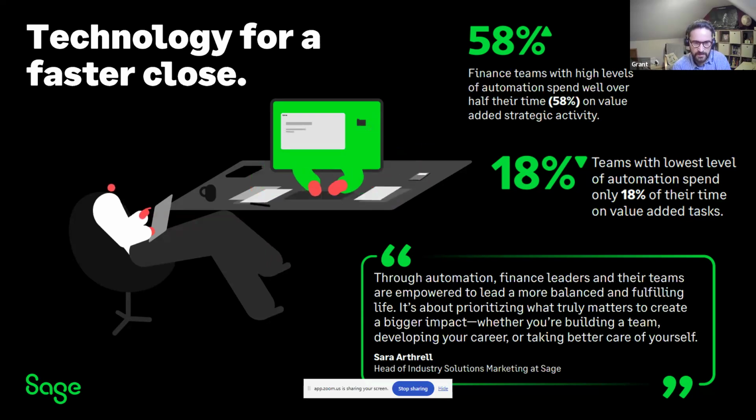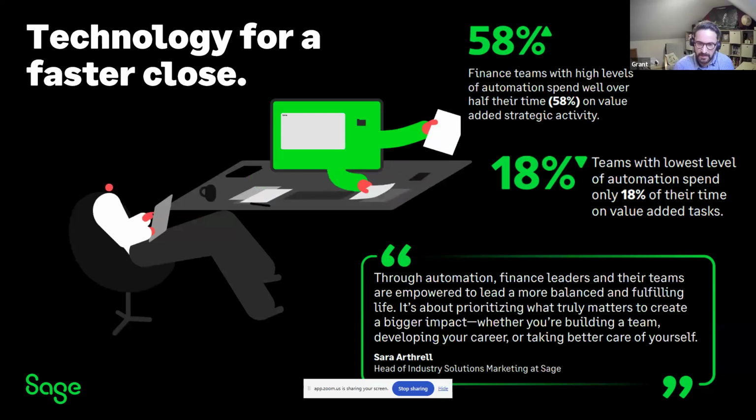So, in our recent survey, respondents with the lowest level of automation available only spend around 18% of their time on value added tasks, while those with the highest levels of automation at their disposal spend around 58% on these activities.